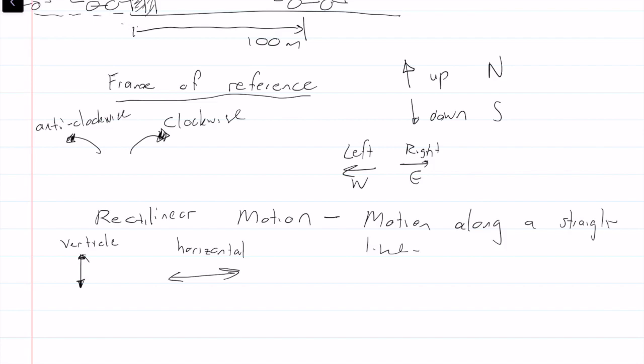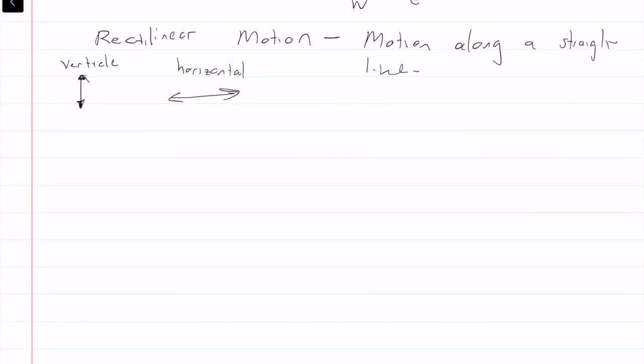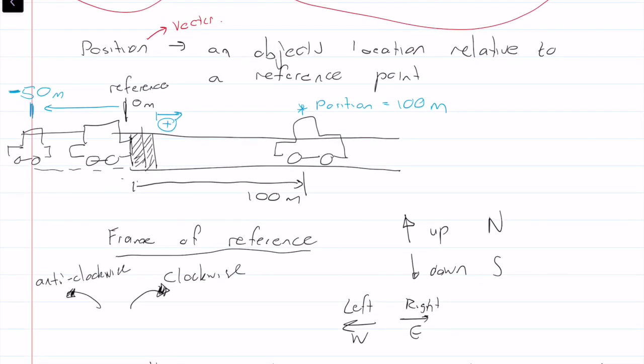Okay, so let's do an example that has to do with position. Let's do examples in orange. Something I didn't actually speak of is that if we had the finish line over here, we could always choose this as our frame of reference.